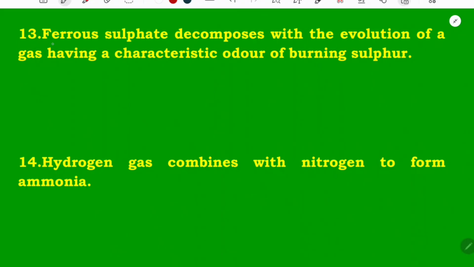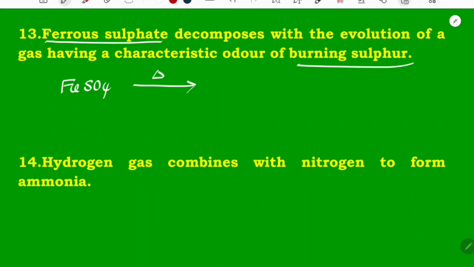Ferrous sulfate decomposes with the evolution of gas having the characteristic odor of burning sulfur. So simply we can say this is a decomposition reaction, no doubt. So the ferrous sulfate formula is FeSO4.